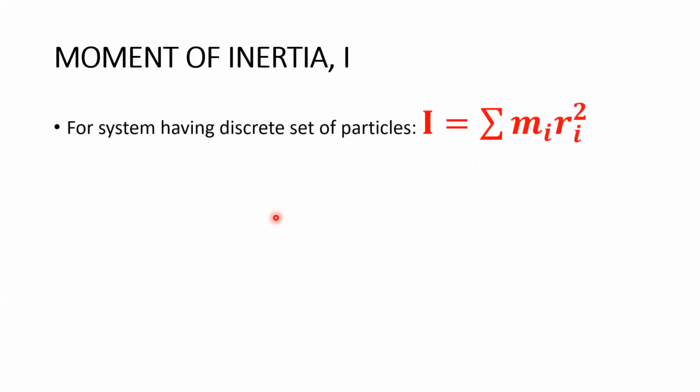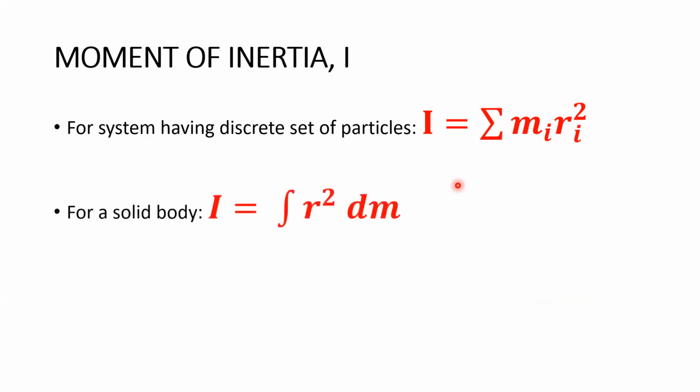Okay, so this moment of inertia, when we look at it, if you have a discrete set of particles, when I say discrete set of particles, you can count the number of particles. In that case, the moment of inertia is written as sigma mi Ri square. But instead of having a system with a countable set of particles, if you have a continuous object, a solid body, then it's almost like a center of mass calculation.